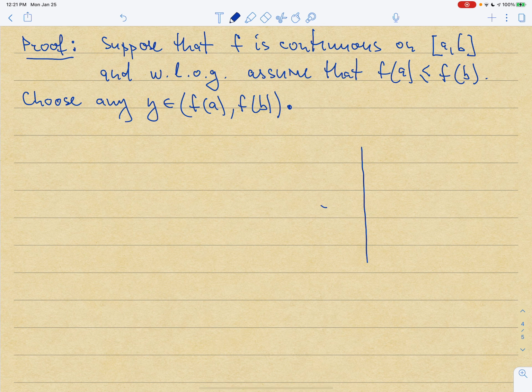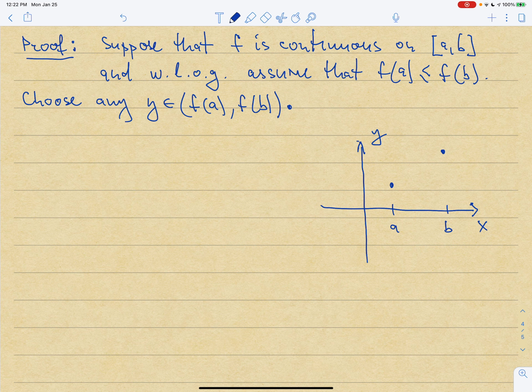So what we have is a function on the interval from a to b. And I know that this function has a smaller value on the right-hand side and a larger value on the left-hand side.